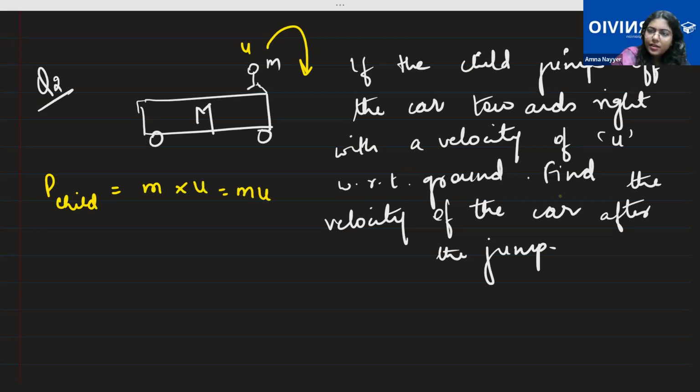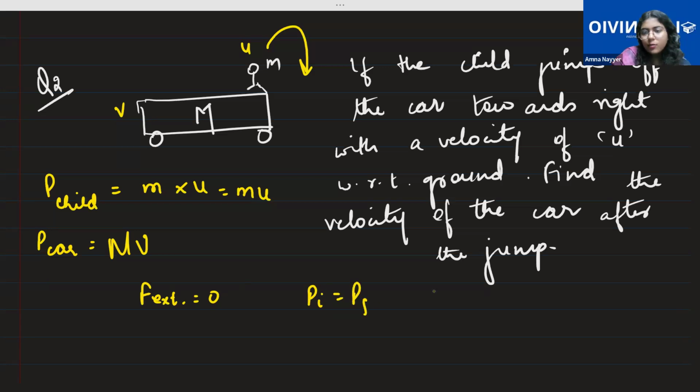The car has the mass capital M. We don't know its velocity, so let's say its velocity is v. Find the velocity of the car after the jump. Very easy. Momentum of the car will be mass of the car into velocity. Since no external force is acting, momentum is conserved. Initial momentum is equal to final momentum, which means conservation of linear momentum.